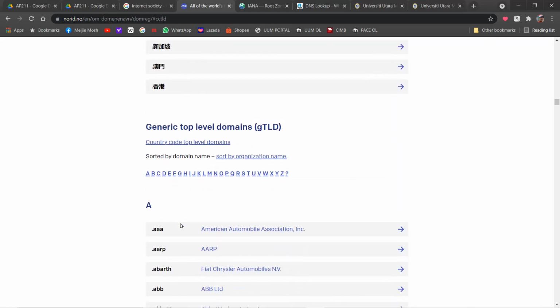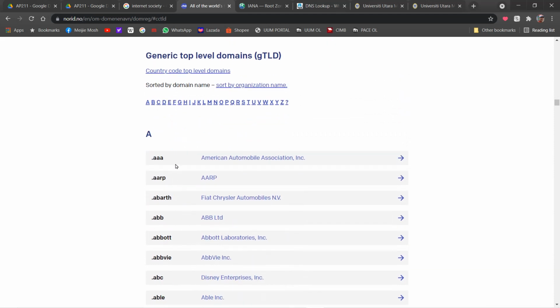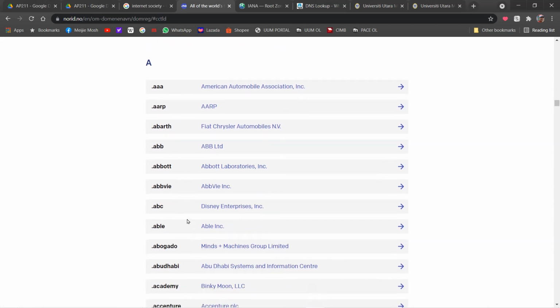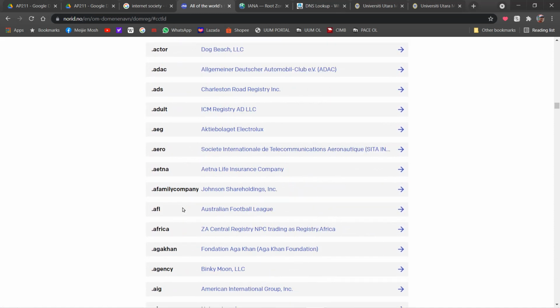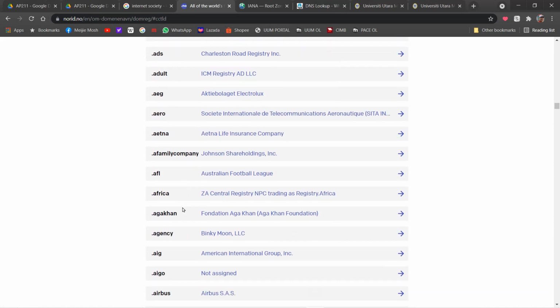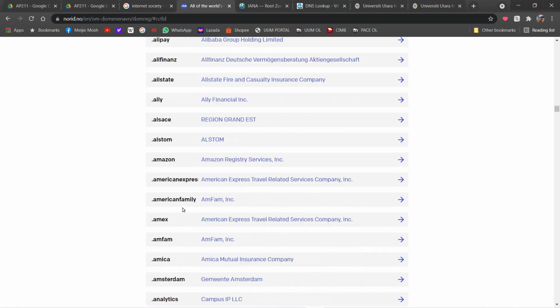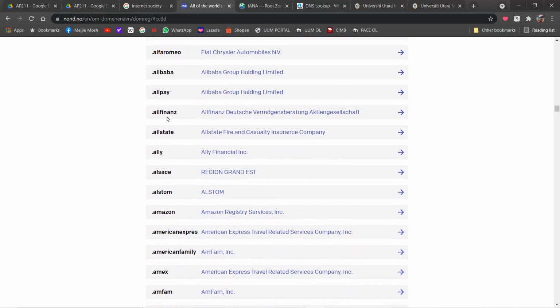And for generic top level domains, you can see, for example, AAA for American Automobile Association. ABC for Disney Enterprise, AFL for Australian Football League, Alipay and Alibaba for Alibaba Group Holding Limited, Amazon for Amazon Registry Services.